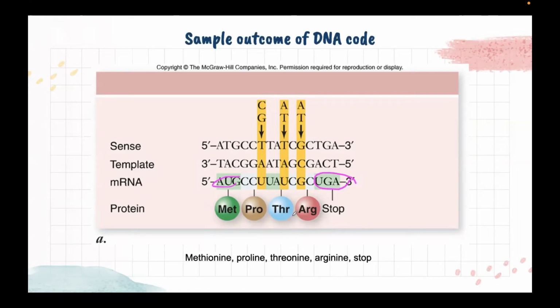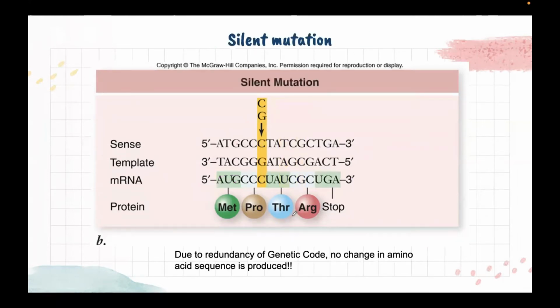Walang problema, walang nabago. Pag nagkaroon ka ng silent mutation, due to the redundancy of the genetic code, no change in amino acid is produced. Wala naman pong pagbabago. However, nagkaroon lang ng redundancy or ng similarity for the coding of the amino acid. Yun yung sa silent mutation.